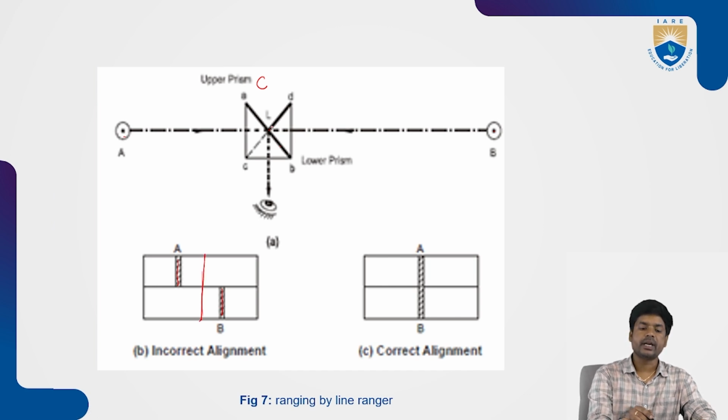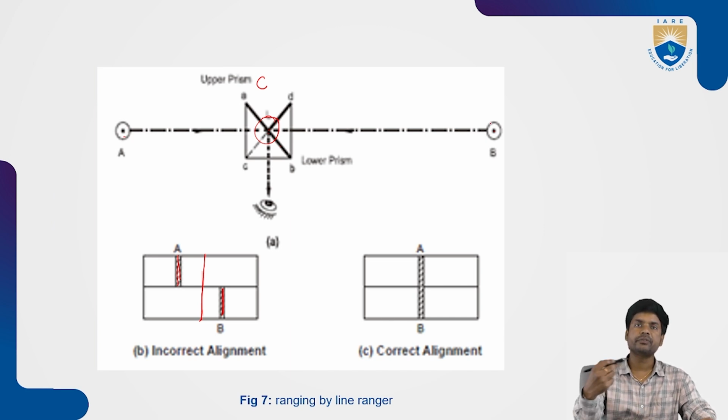That means the intermediate point is not exactly on the line. By seeing this, you can tell that whatever position you have taken as an intermediate point is not aligned on the line AB.